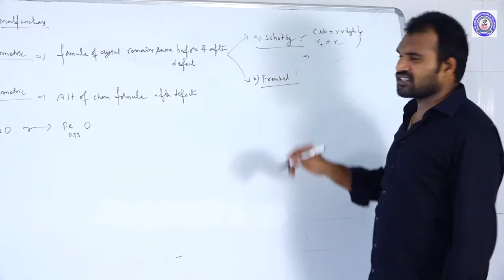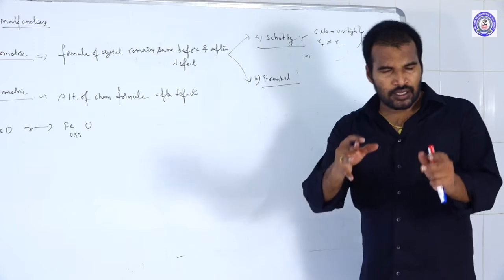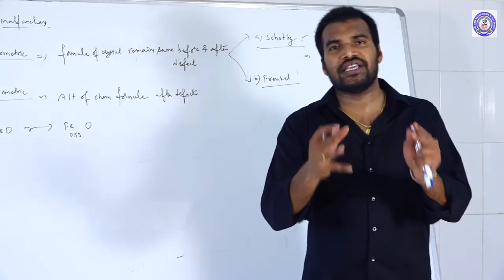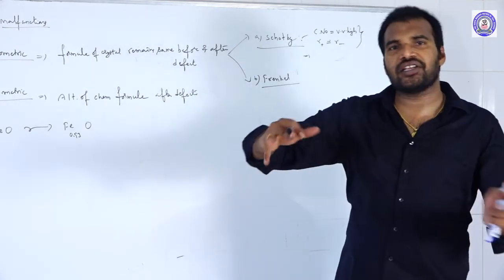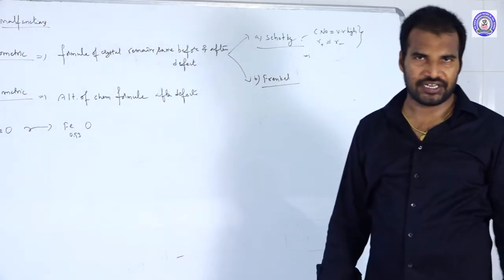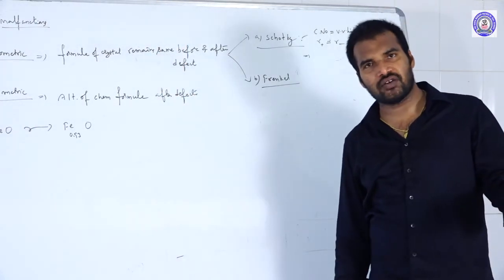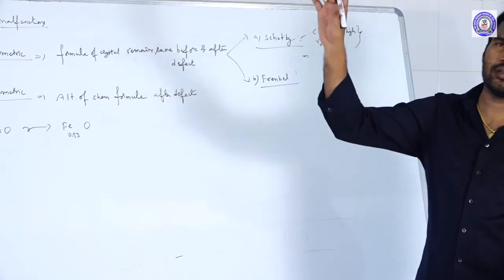And what are Schottky defects? They are defects where an equal number of both cations and anions are missing. Equal number, not unequal. Suppose 2 cations are missing, then automatically 2 anions also go missing.